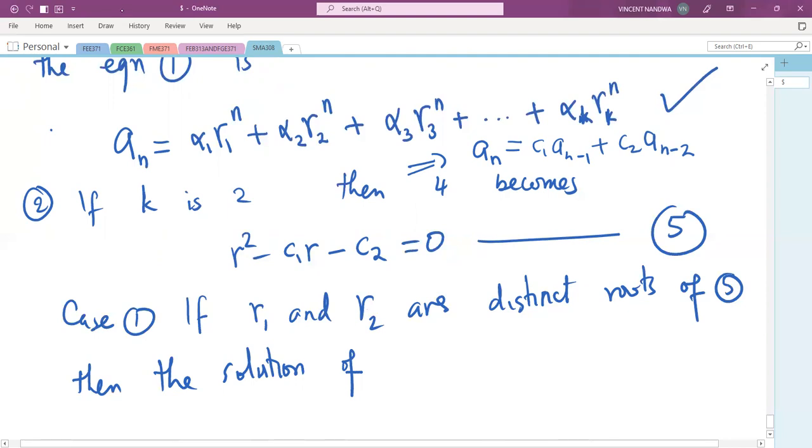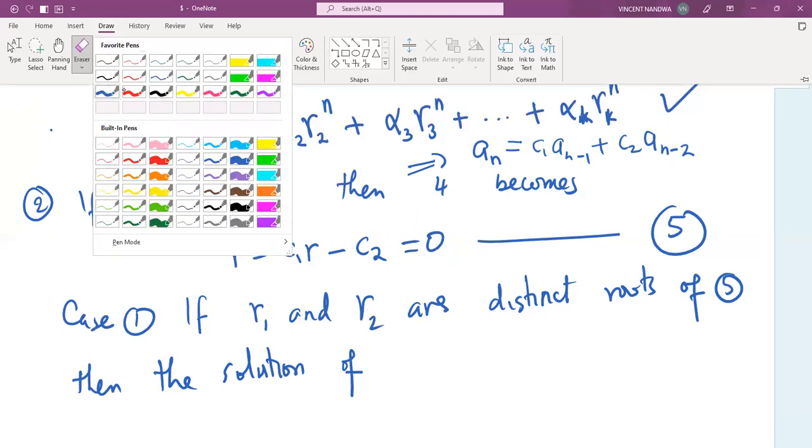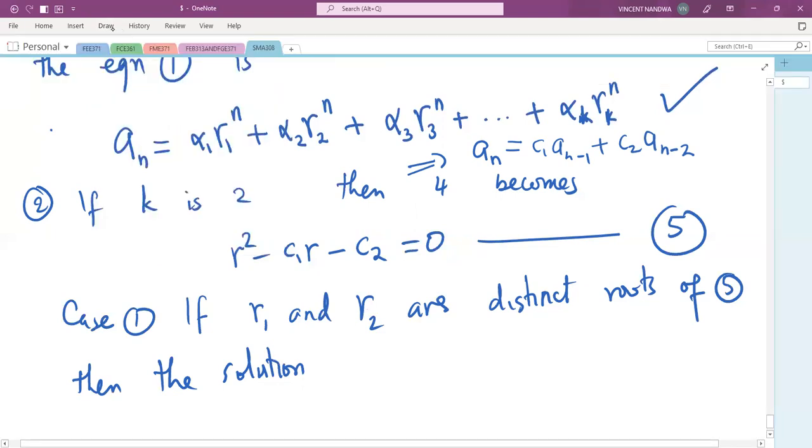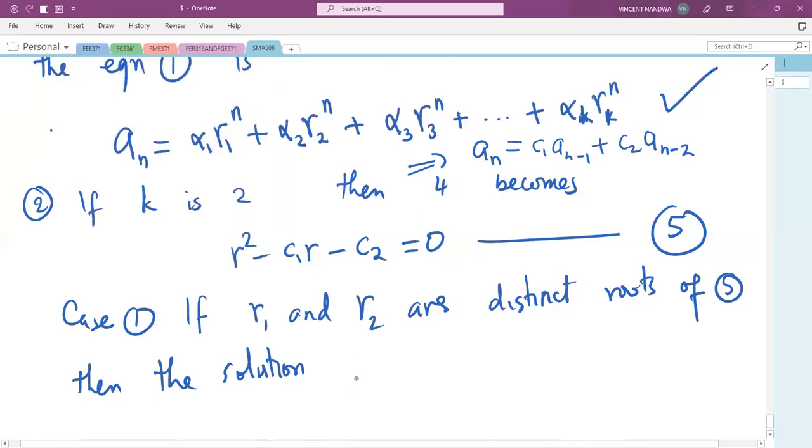Then the solution is an equals alpha 1 r1 power n plus alpha 2 r2 power n.